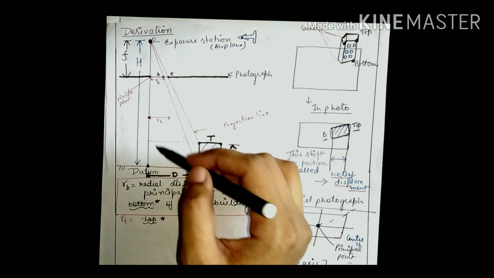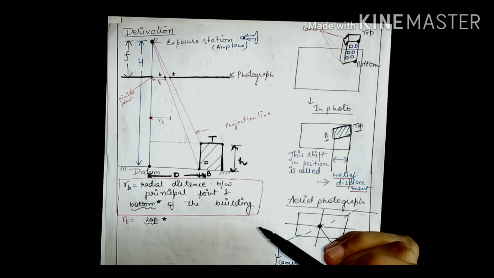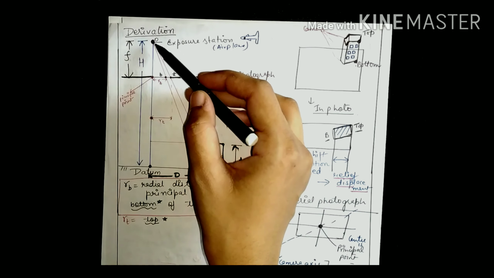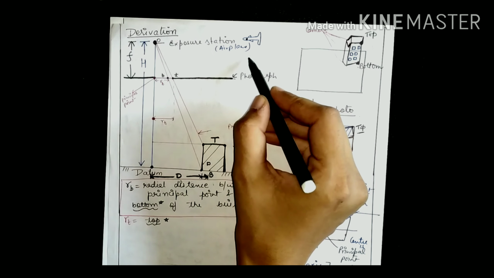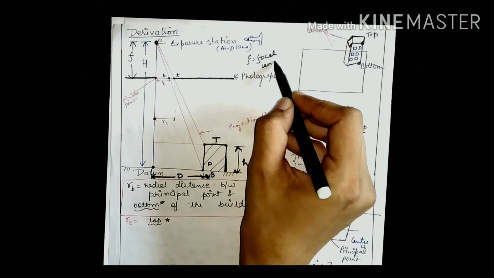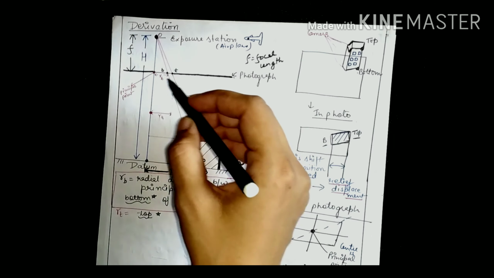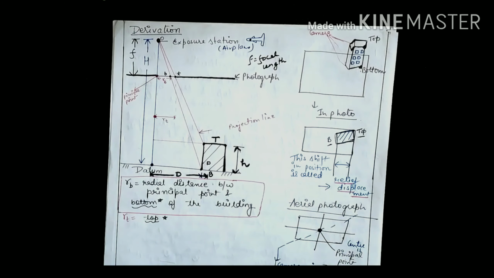From the exposure station to the datum, the height is capital H, the flying height. From the exposure station to the photograph plane, the distance is F, the focal length.